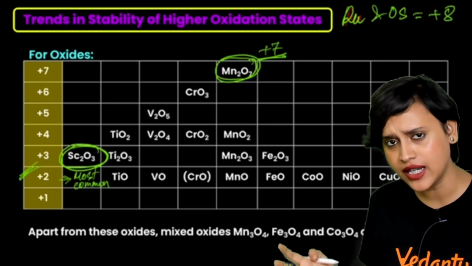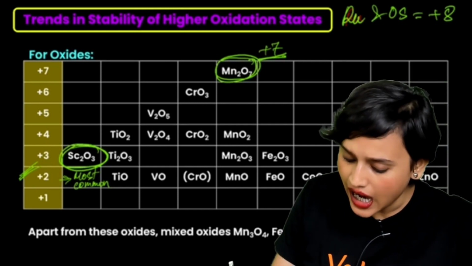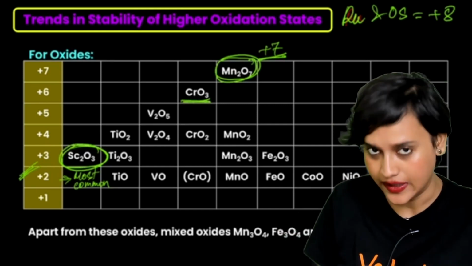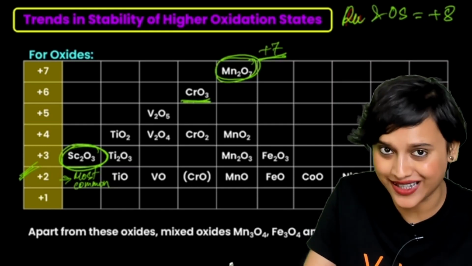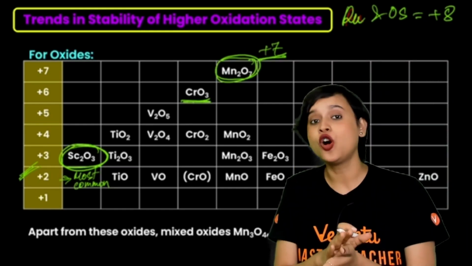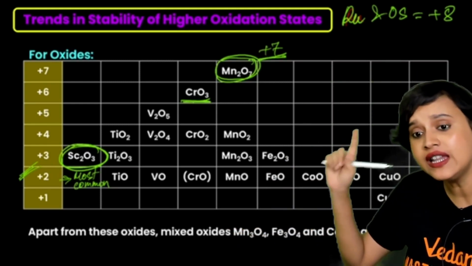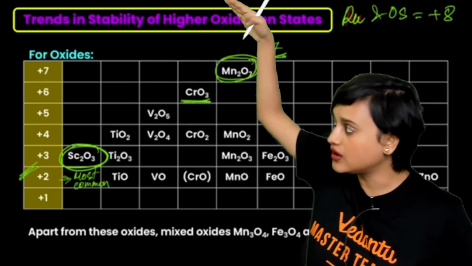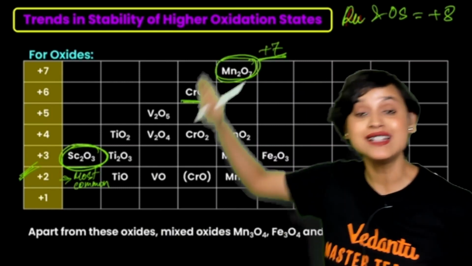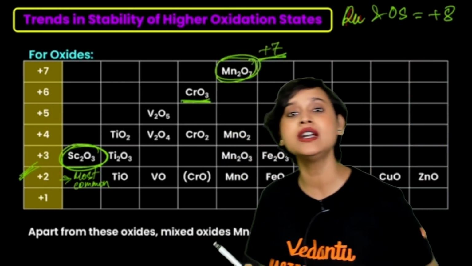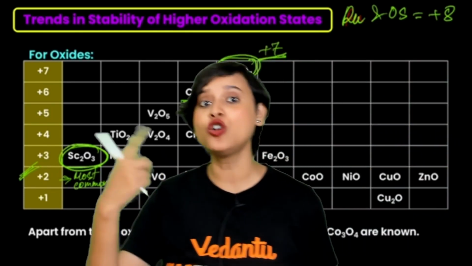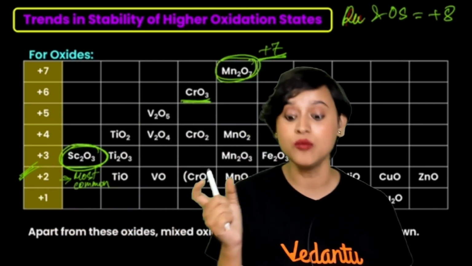For example, chromium exists in +6. But the metals below chromium, that is molybdenum and tungsten, when they show the +6 oxidation state, will be more stable.